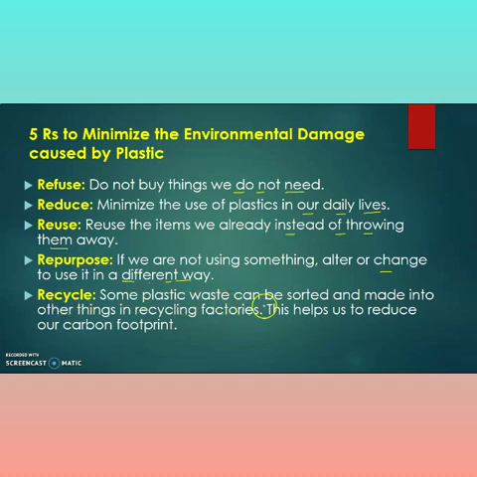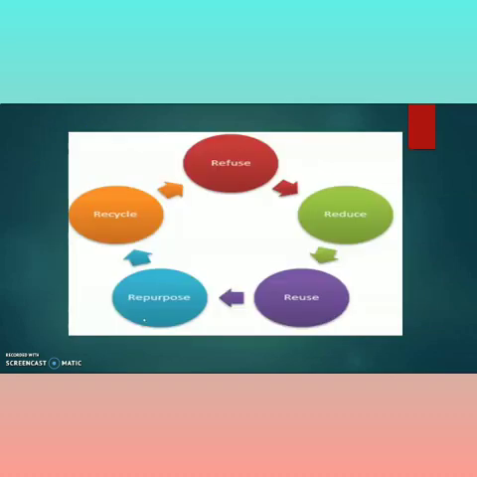Recycle: some plastic waste can be sorted and made into other things in recycling factories. This helps us to reduce our carbon footprint. Carbon footprint is the level of carbon dioxide in our environment. So this picture helps us understand the importance of the 5R: refuse, reduce, reuse, repurpose and recycle.